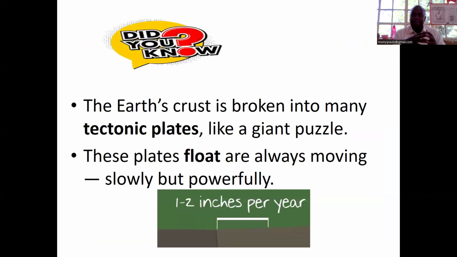Did you know that the Earth's crust is broken into many tectonic plates like a giant puzzle? These plates are always moving, slowly but powerfully, between 1 to 2 inches per year.